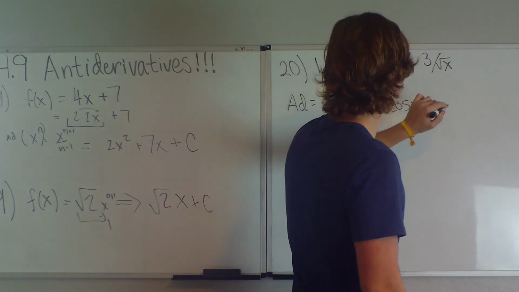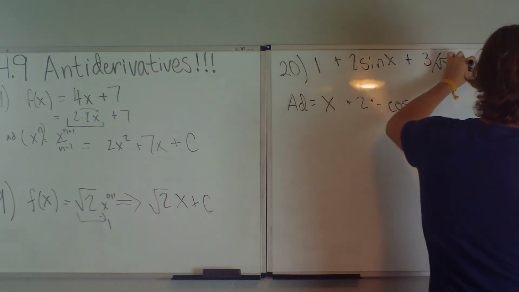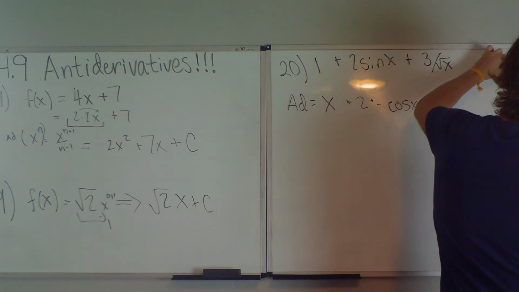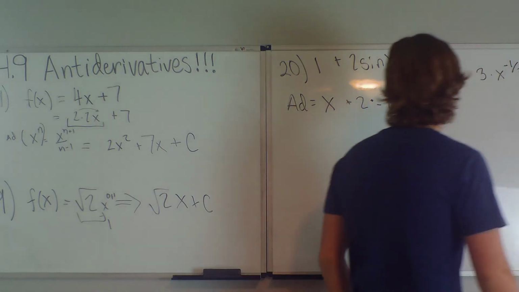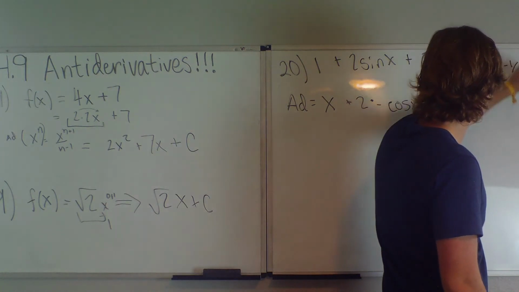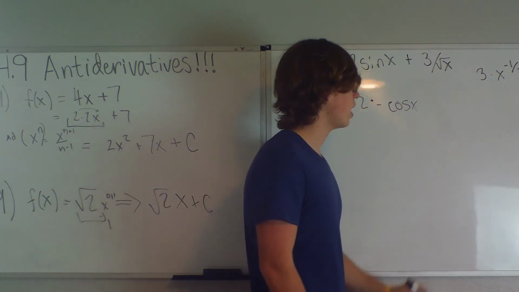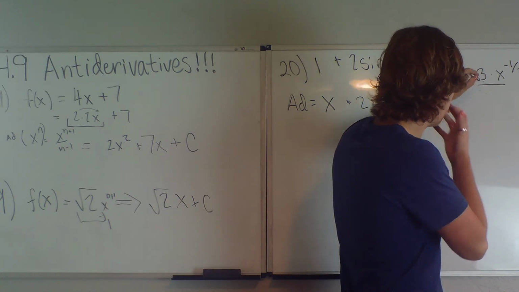Okay, and then plus, well, what is this 3 over root x? What is this also equal to? This is equal to 3 times x to the negative 1/2. Okay, that's not bad, but we have to add a 1, right? And we divide by 1/2.